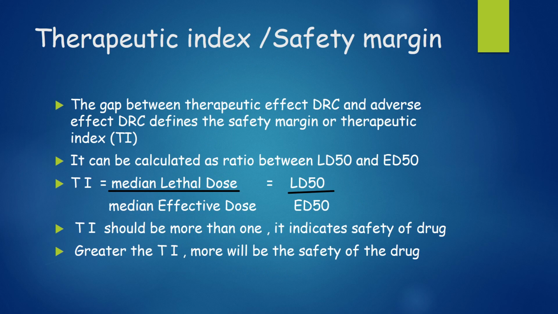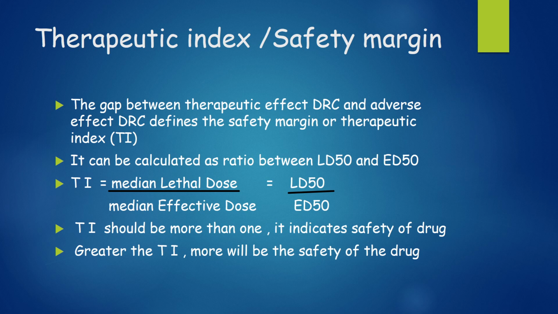Now the next important use of our DRC is to find out the therapeutic index or safety of a drug. Before giving a drug to a patient, we have to know the safety of that drug. So there comes the importance of our DRC. What is therapeutic index? The gap between the therapeutic effect DRC and the adverse effect DRC defines the safety margin or therapeutic index.